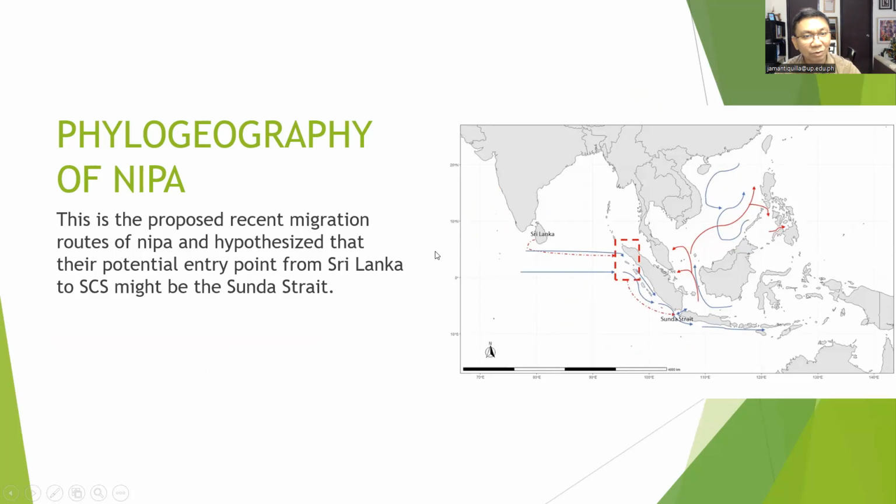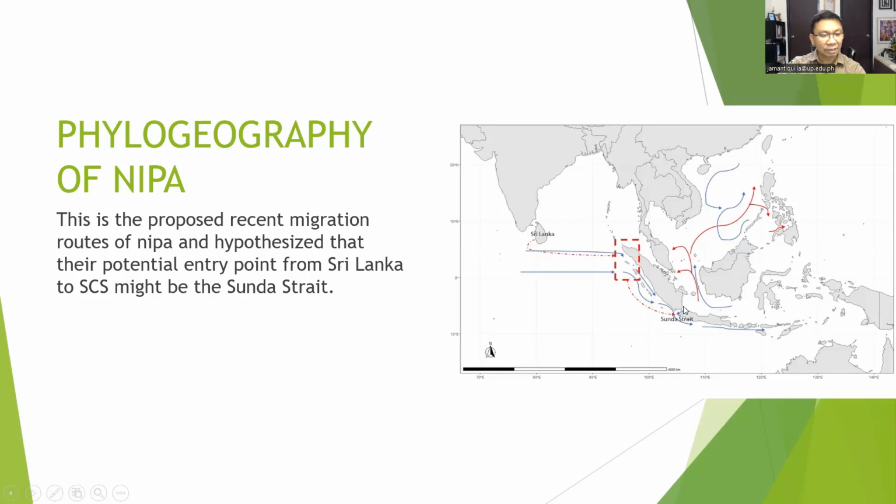So this is the proposed recent migration route of nipa, and we hypothesized that their potential entry point from Sri Lanka to the South China Sea might be the Sunda Strait.